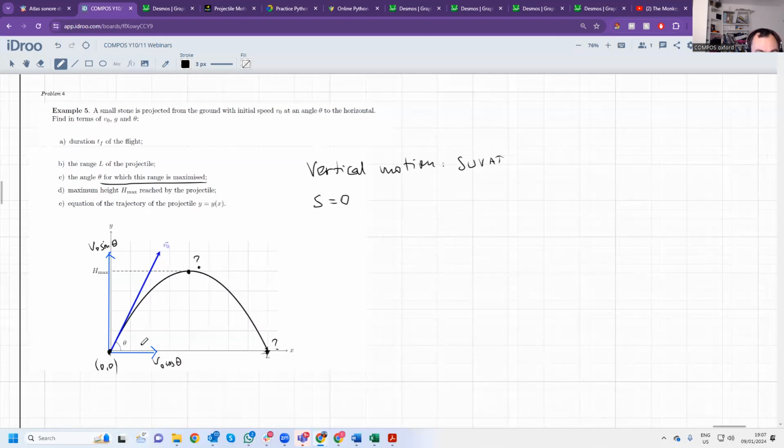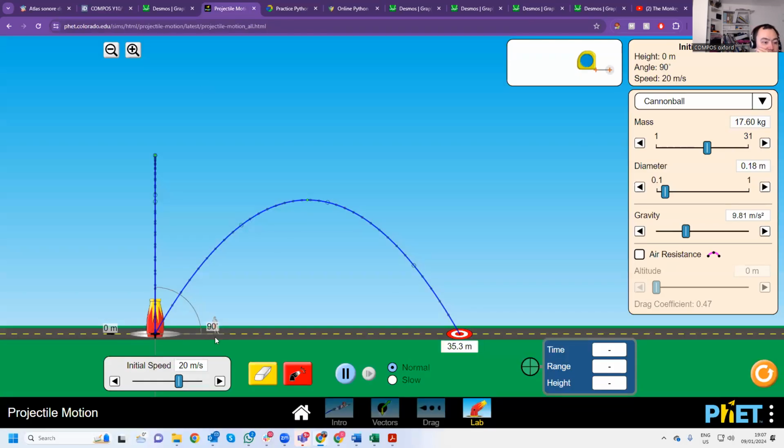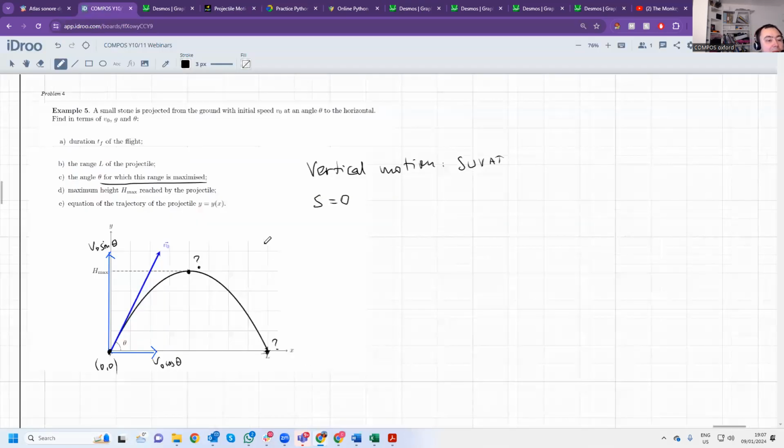We finish where we started in terms of vertical motion, because vertically it looks like this. Initial velocity is V0 sine theta.